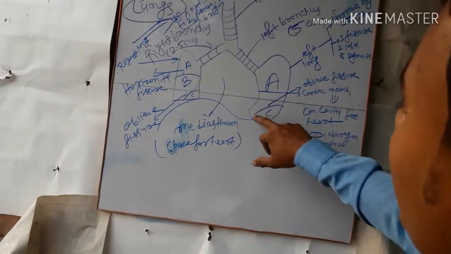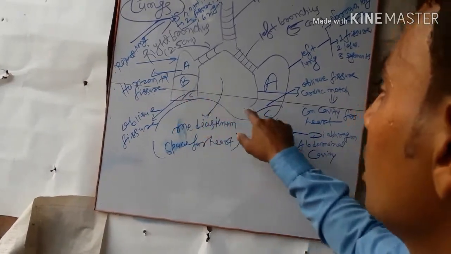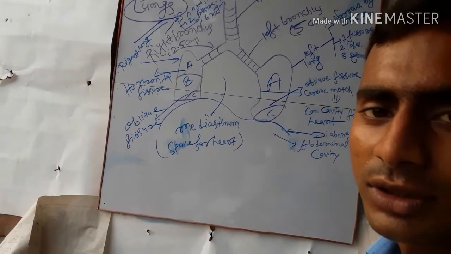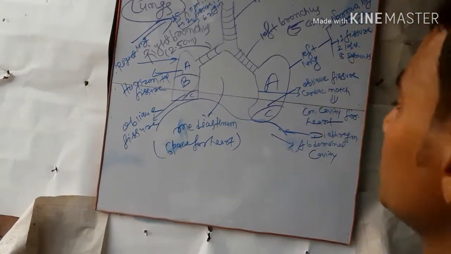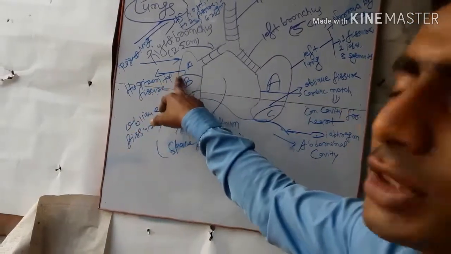One fissure, the oblique fissure, is present in the left lung. Only one fissure, the oblique fissure, is present in the left lung. In the left lung, the horizontal fissure is absent.